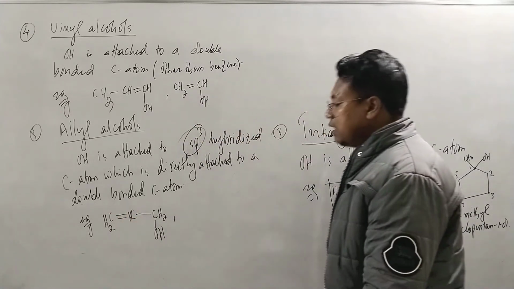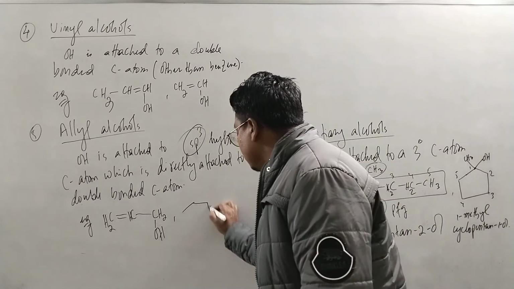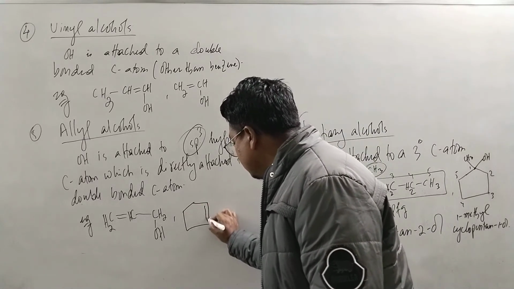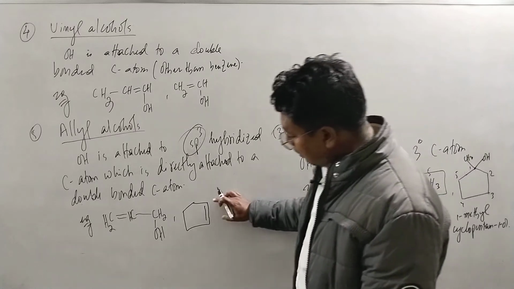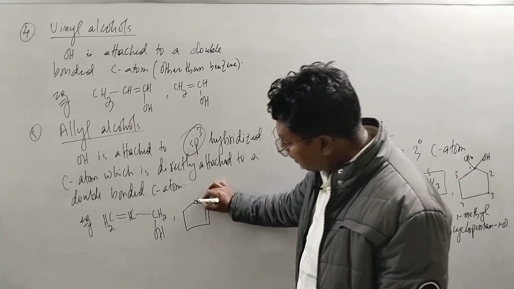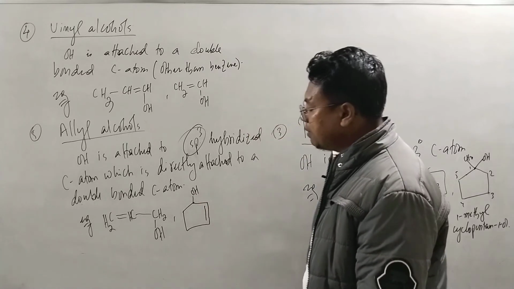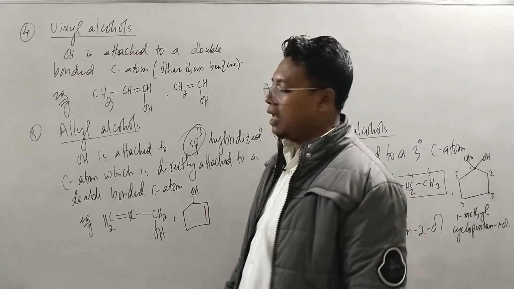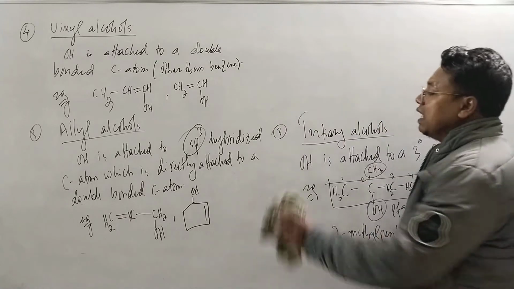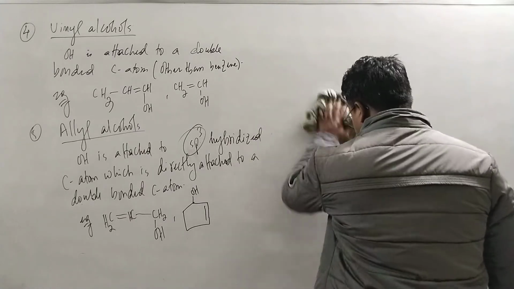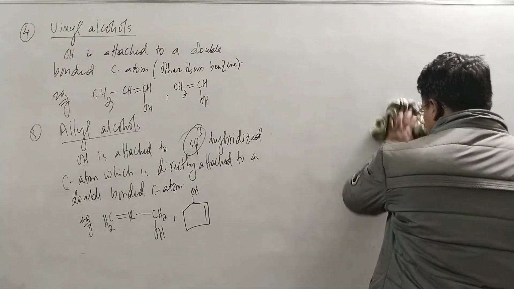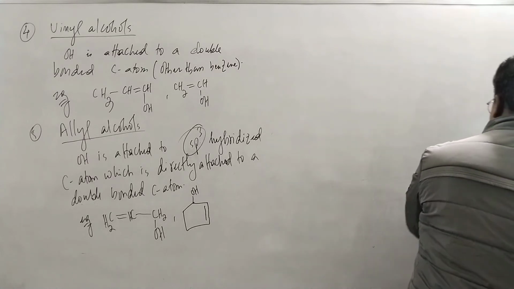Let me give another example of allyl alcohol. This is a double bond. To this double bonded carbon atom, this carbon atom is attached, right? And if OH is attached to this carbon atom, then this becomes an allyl alcohol, or you can say allylic or allyl. Last one is benzyl alcohol.